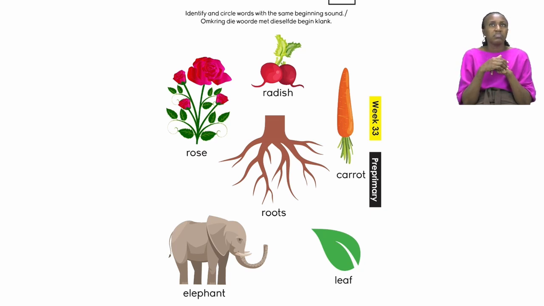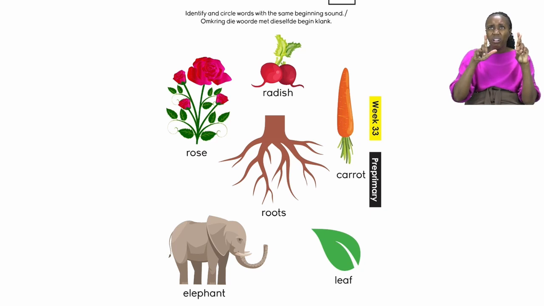Carrot. No, they don't sound like they have the same sound. So we can not circle the carrot. Let's try the leaf, the one below, with the word rose. Rose. Leaf. No, they don't share the same sound.